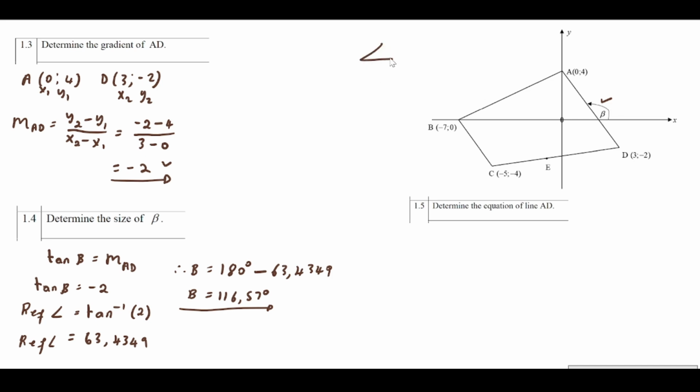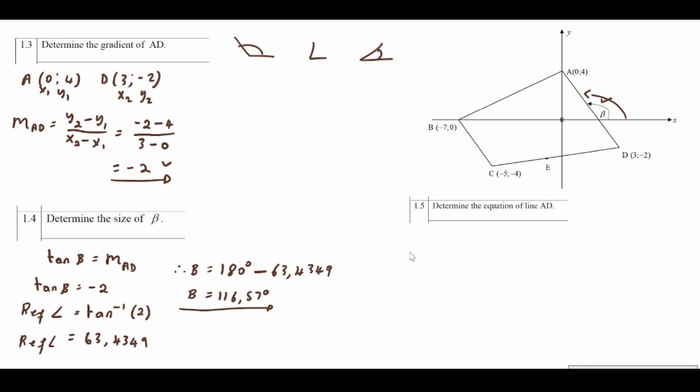Remember, you've got an acute angle, a right angle, and then an obtuse angle. An obtuse angle is greater than 90 degrees but less than 180 degrees. And at the same time, our gradient here is negative, so if our gradient is negative, I am expecting my angle to be greater than 90 degrees.